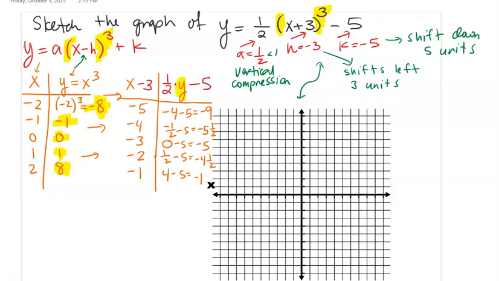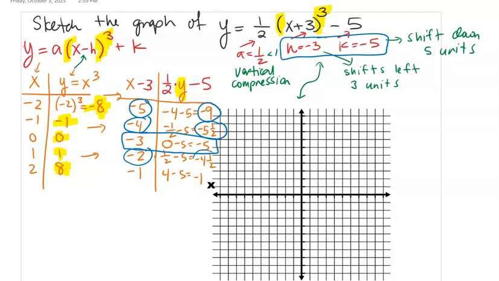So then my new ordered pairs would be my shifted x's and my shifted y's. And notice the middle point should always correspond with your h and k, because it should be the point of symmetry for your graph. And then the other points should be centered around that.